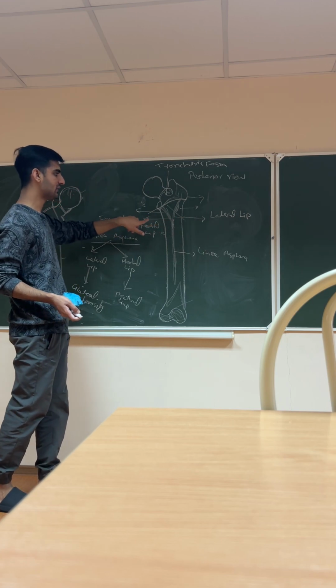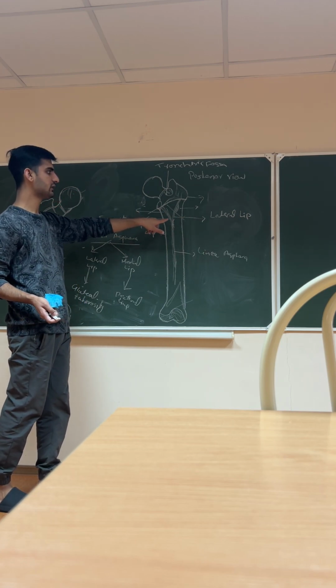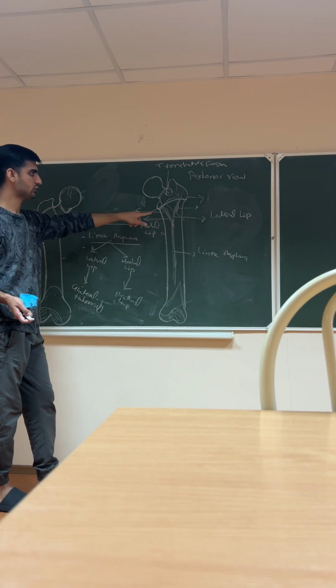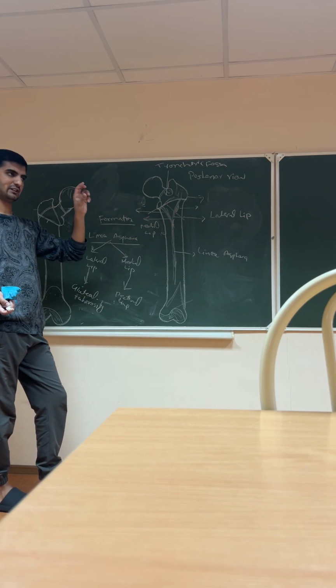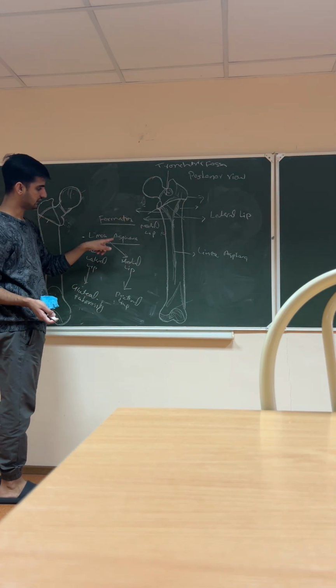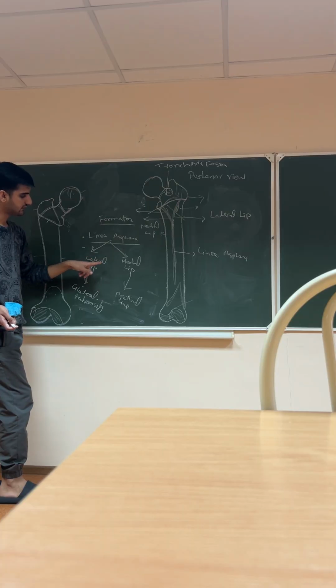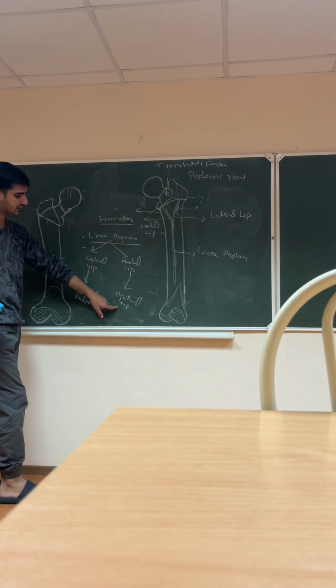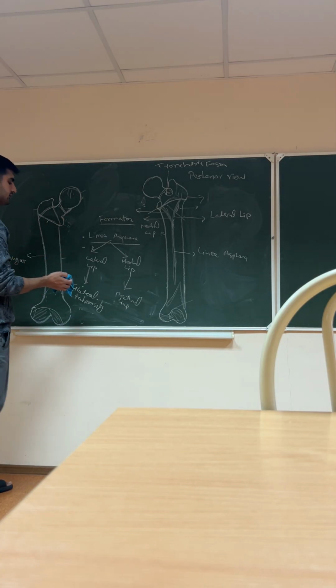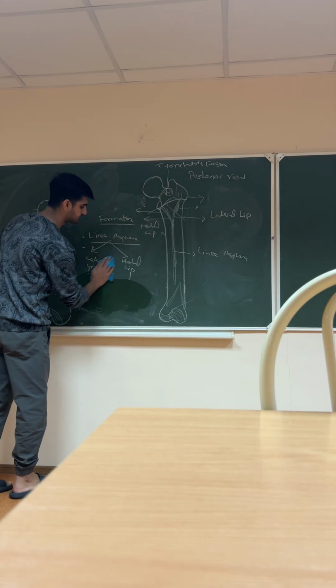The lateral lip continues into the gluteal tuberosity, and the middle lip continues below the lesser trochanter into the pectineal line with the pectineal muscle attachment. This is the formation of the diaphysis, the second part of this long tubular bone.